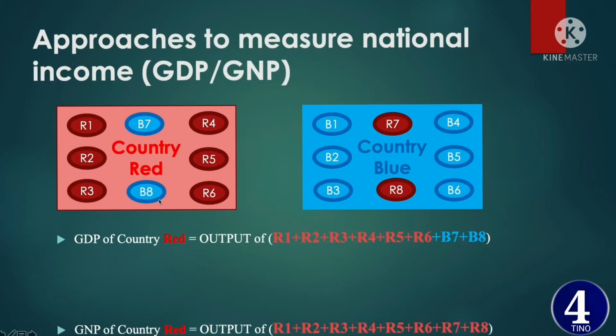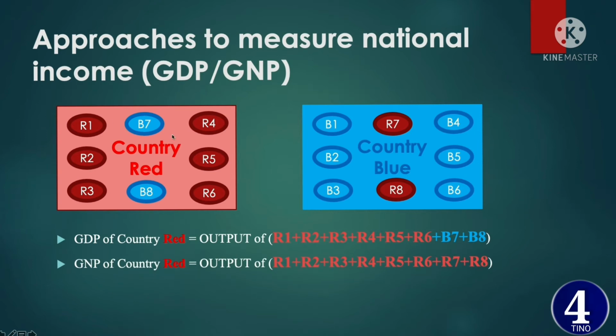Then, in order to measure the GNP of country red, what we have to do is sum the output produced by the citizens of country red, irrespective of their geographical location. So we will add outputs of all red citizens, not the blues.